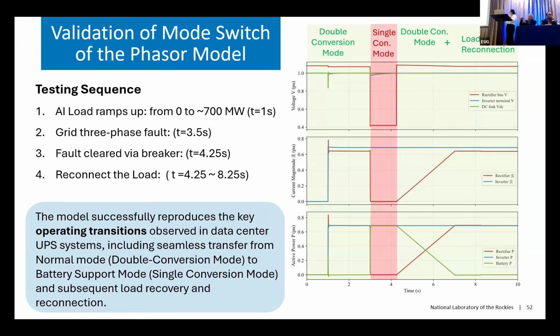And after that, when we clear the fault, it goes back to the double conversion mode, and how those batteries support this reconnection. The blue line is what the IT rack is seeing outside of the power supply. We can see the IT rack has not been affected during the whole transition.